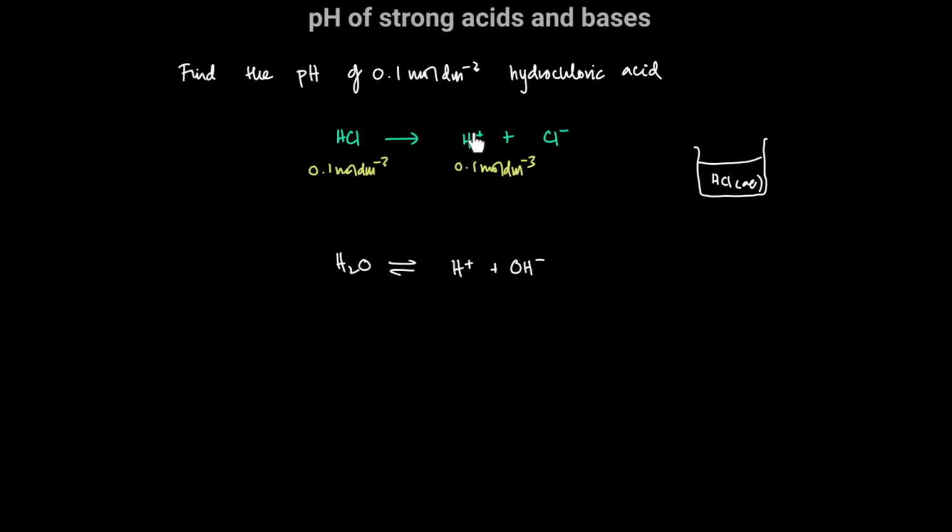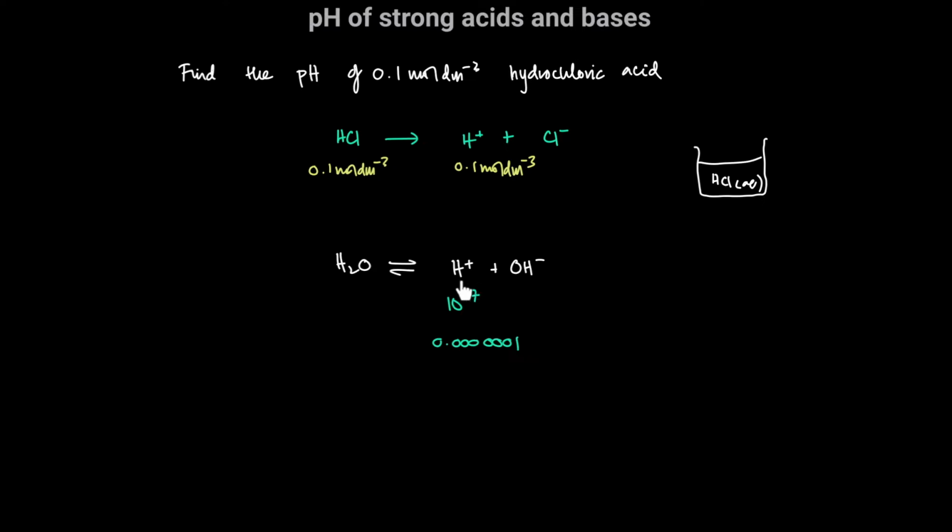Now, there's a few things to note here. First of all, if we just had pure water, the concentration of H plus ions is 10 to the power of negative 7, which is 0.0000001. So whenever you add something like a strong acid to water, you can assume that all the H plus ions are coming from the acid.